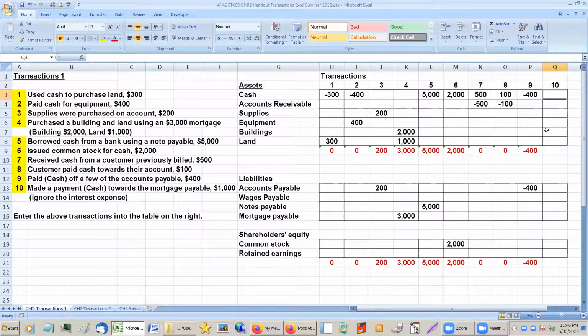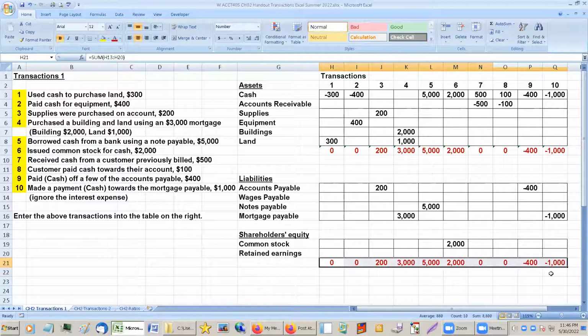All right, so made a payment, so negative 1,000. And our mortgage payable now goes down by 1,000. So now we owe less of that mortgage payable. And so notice that, for all of these, they're going to be the same.